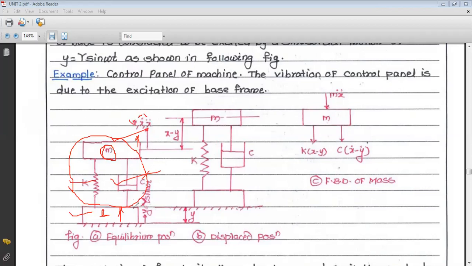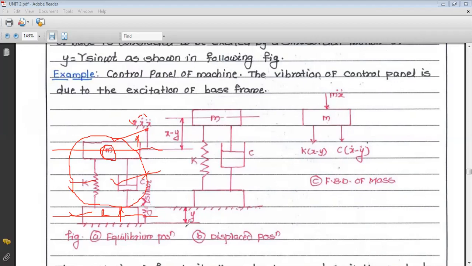Now if we consider the mean position, there are two mean positions. The first is the mean position of the mass, and the second is the mean position of your base. Now when there is excitation of the base, the position of the base will be changed by a displacement of y in the vertical direction.